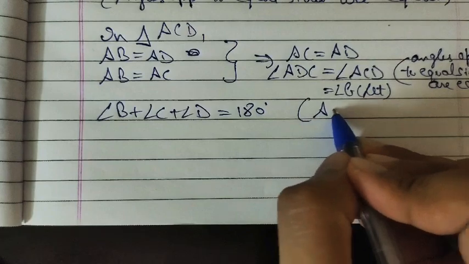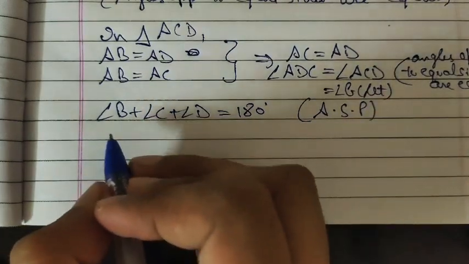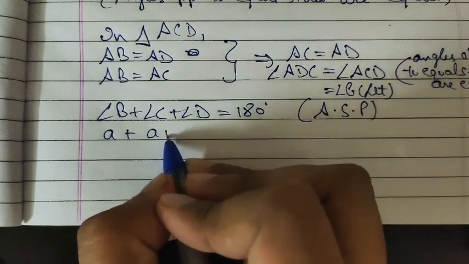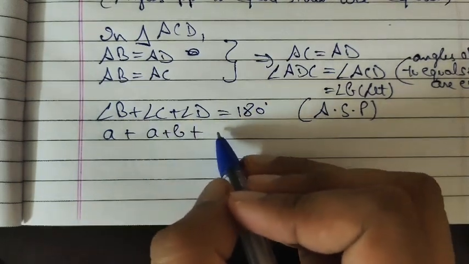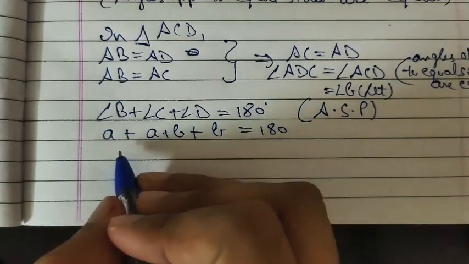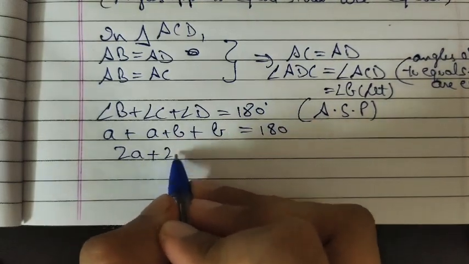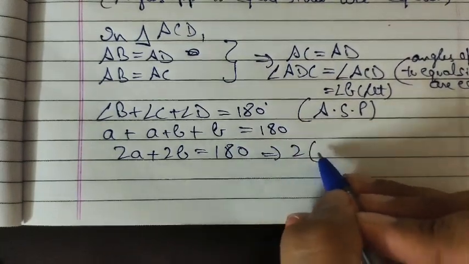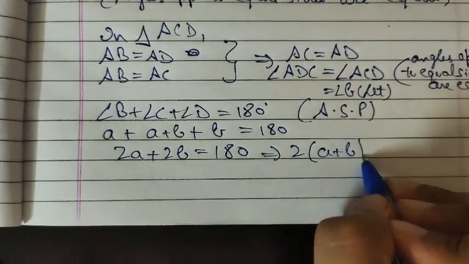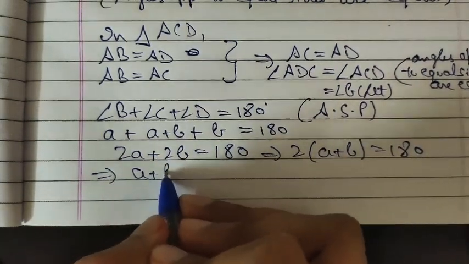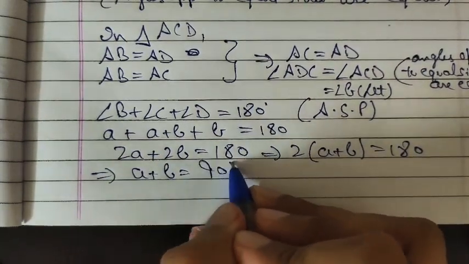Reason is angle sum property of a triangle. So angle B is a, angle C is a plus b, and angle D is b, is equal to 180. So from here we can say 2a plus 2b is equal to 180. So if we take 2 common, a plus b is equal to 180 upon 2, which is 90 degree.